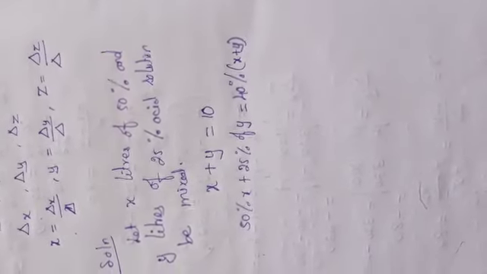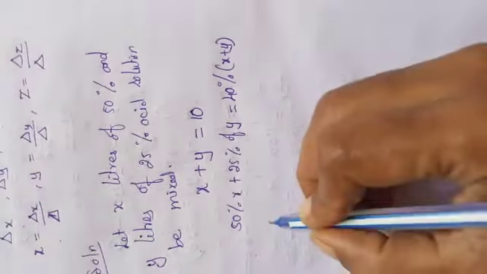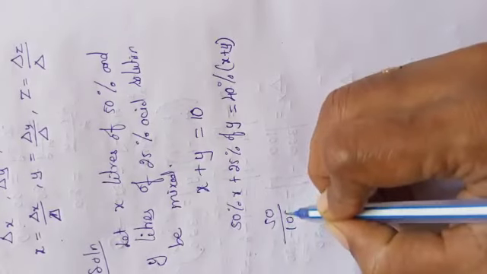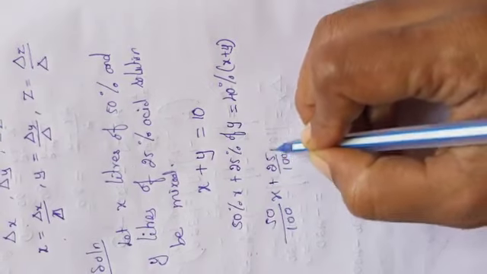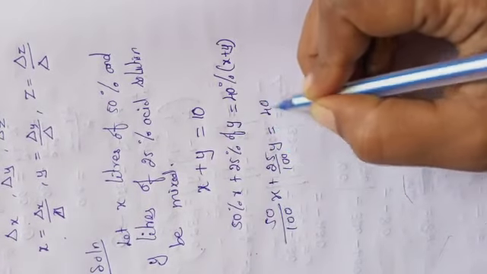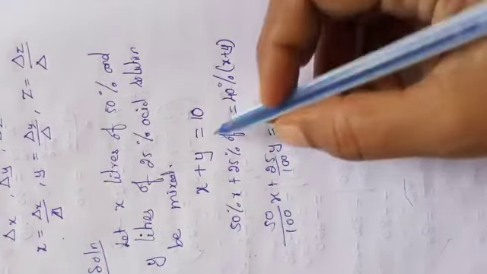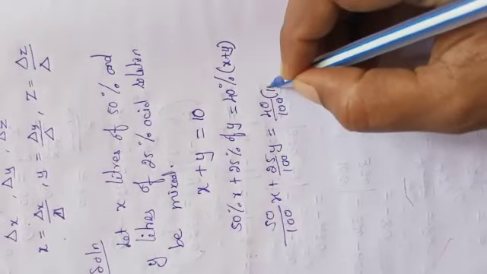Now we have to find x and y. How to convert the percentages? 50 divided by 100 into x plus 25 by 100 into y is equal to 40 by 100 into x plus y, which we know is 10.